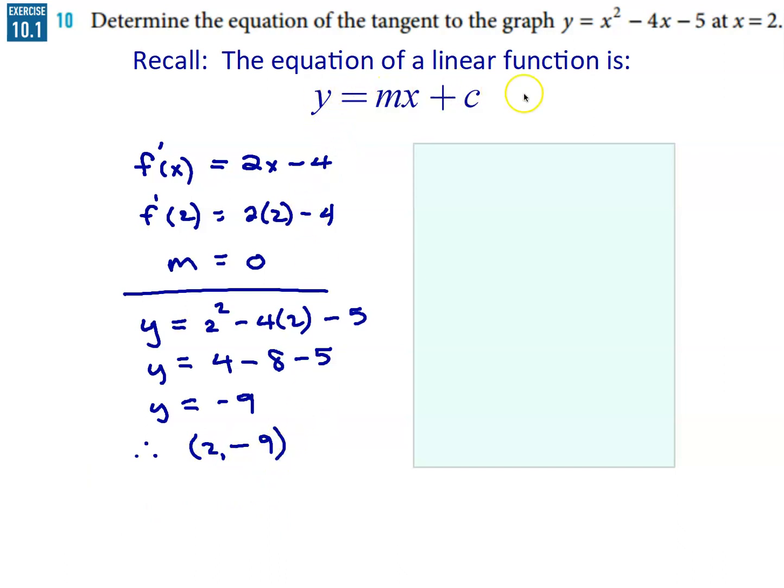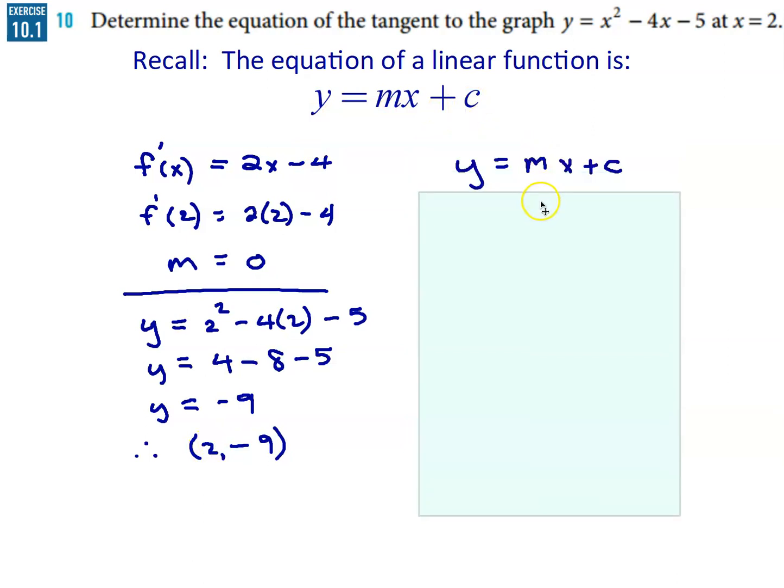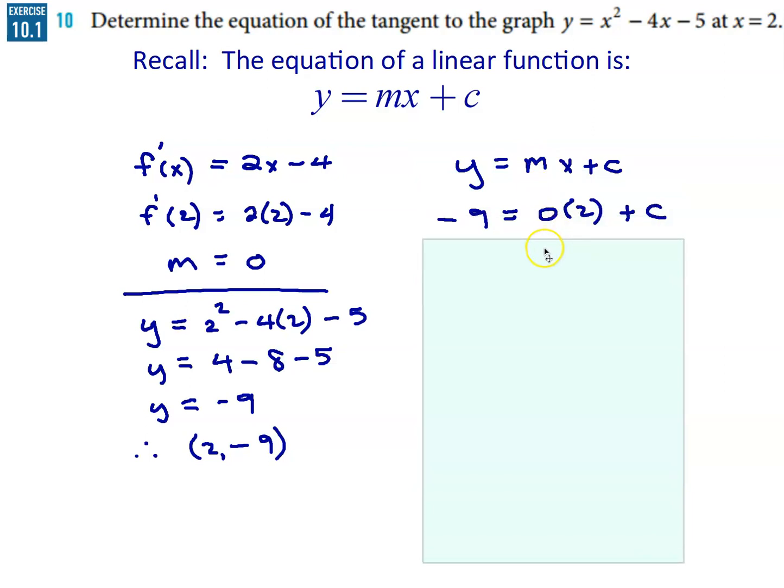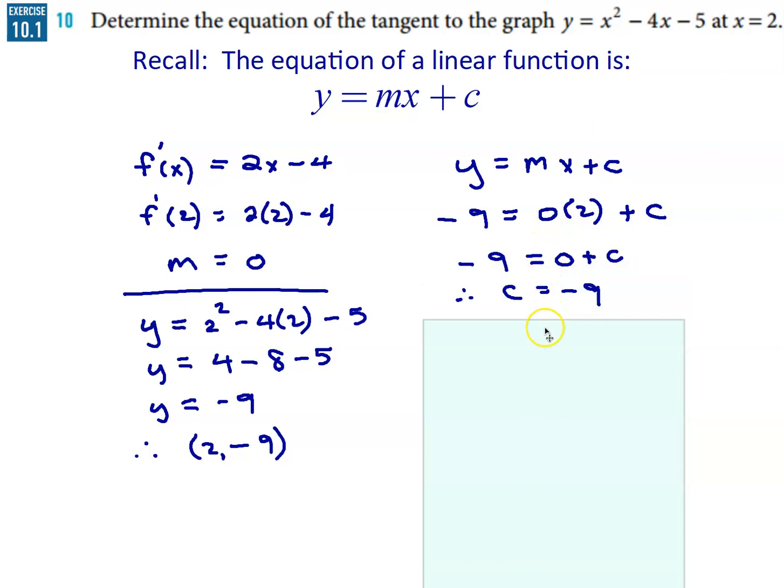Now if you look at this equation, I've got a value for y, a value for m, and a value for x, so I can use all of that to find a value for c. We write y equals mx plus c, substitute in the three values we know, do some simplifying, and we get the value for c.